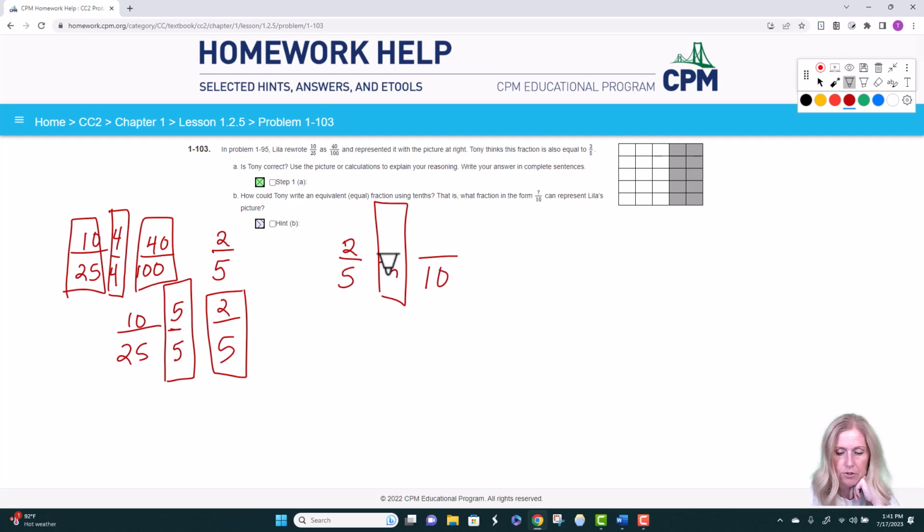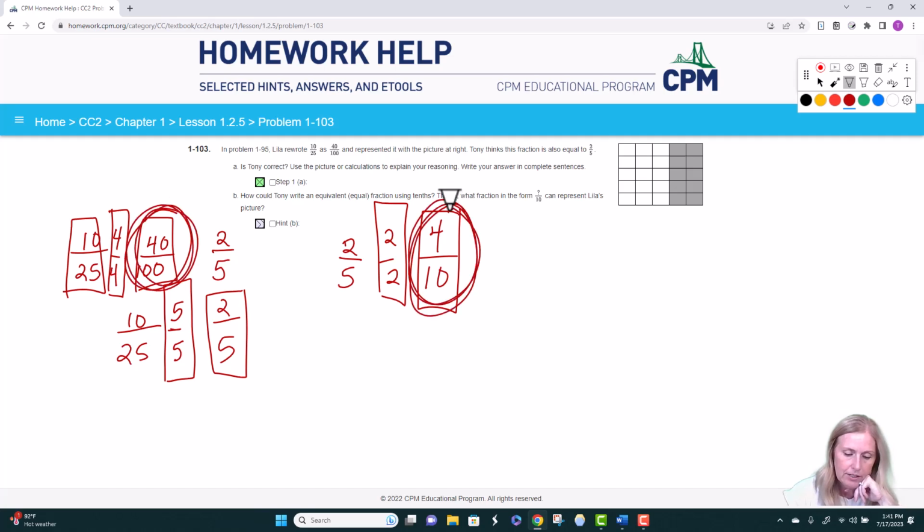Well, 5 times 2 is 10, and 2 times 2 is 4. So 4/10 would be the answer for B. And that also is really easy to link that relationship between 40/100ths and 4/10 because you can see if you just divided this top and bottom by 10, then you got 4/10.